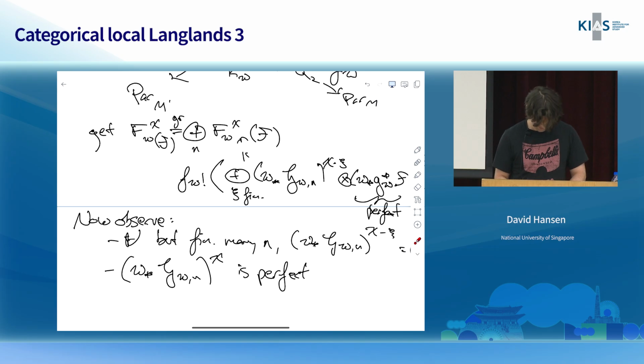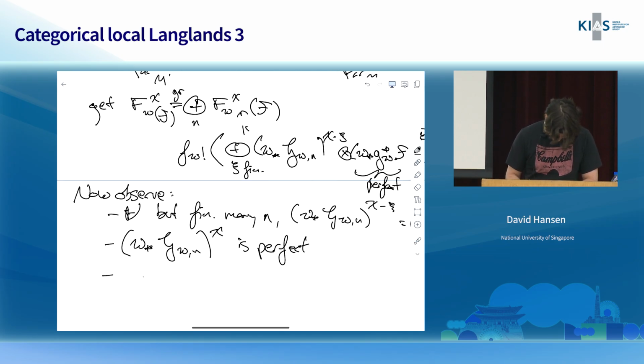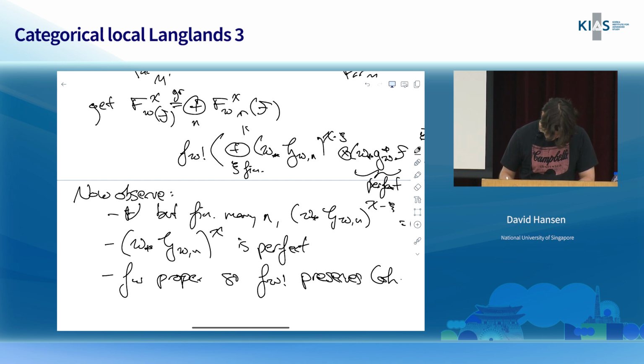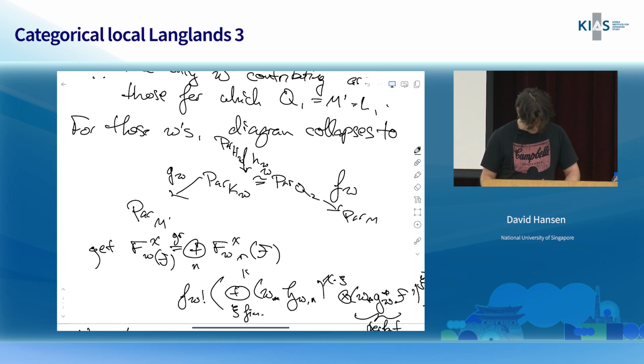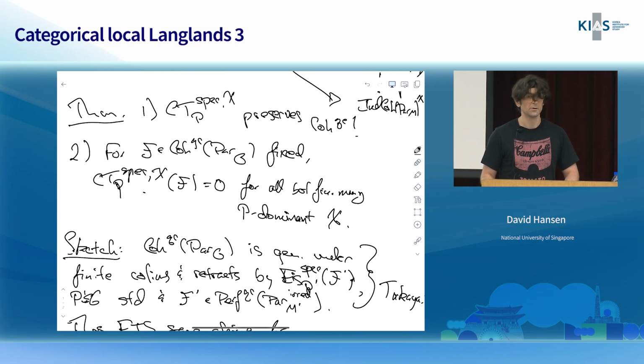And what's left? The only thing that's left is this. This is a proper map, and push forward along proper maps preserves coherence. It's proper. So FW preserves co-QC. Okay, and that's the proof of part 1 that CT chi-graded summand preserves co-QC.